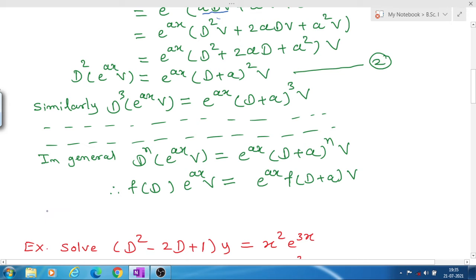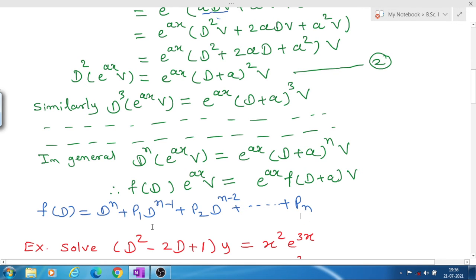You remember f(D) was D raised to n plus p1 D raised to n minus 1 plus p2 D raised to n minus 2 plus and so on, plus pn. So this is f(D).